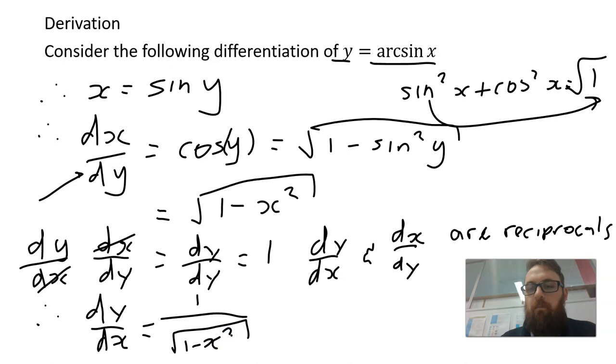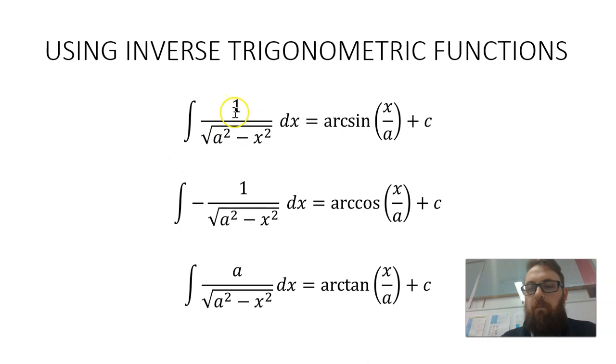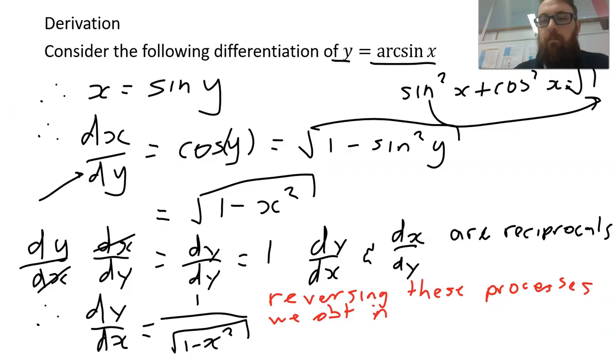All right. So what we've just done is derive the differentiation all the way down to 1 over the square root of 1 minus x squared. And so that's the differentiation formula for arc sine. We can do the exact same thing, or very similar, for arc cosine and arc tan. I'm not going to show you both of those because it's very similar. Just substitute in cosine or tan instead of sine, and we can derive this formula. So just a little note on that.